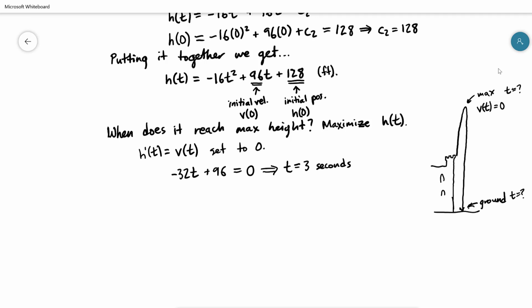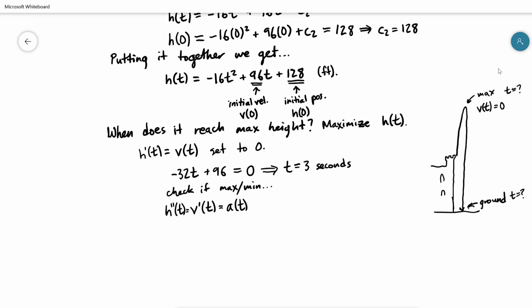We want to check if this is a max or min. We can do that really easily here with the second derivative test, because v prime of t, taking the derivative of this, the second derivative of the original, so h double prime of t, which is v prime of t, is just a of t, the acceleration.